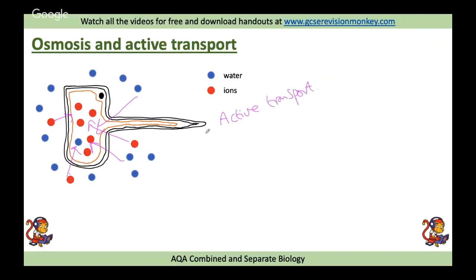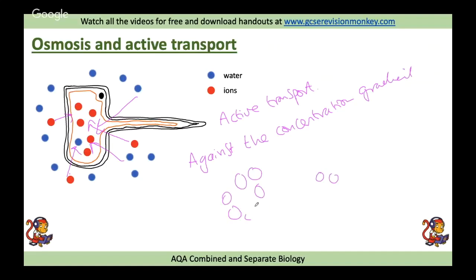Active transport goes against the concentration gradient. Okay, because you're going from where there's fewer particles per volume to where there's more particles per volume. So this is the normal concentration gradient here. But active transport goes against that.